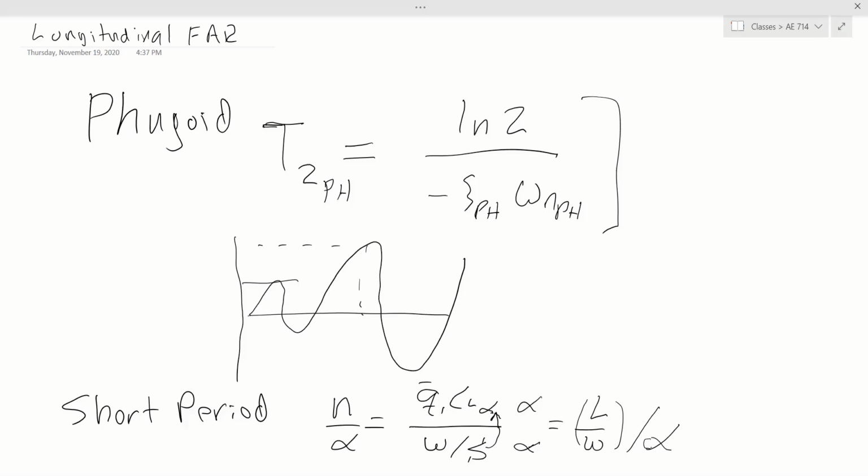So let's do the BizJet. You remember the requirements for the BizJet? Let me write what our damping ratio was for the BizJet up here, and then we'll jump back to the screen.